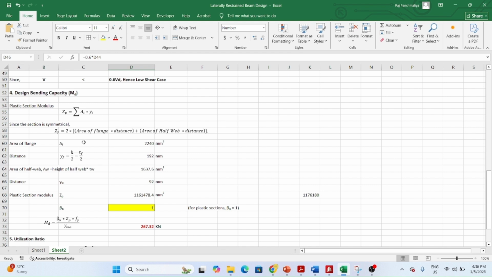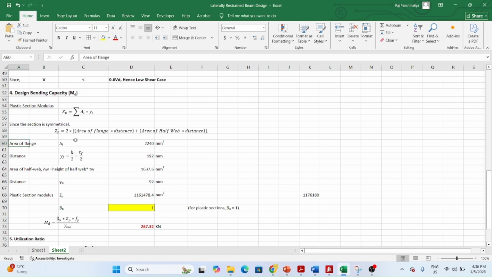AI is nothing but the area of the section. We are going to divide our I section at the center into two halves, calculate the summation of AI into YI for the upper half, and multiply it by 2 since the section is symmetrical.